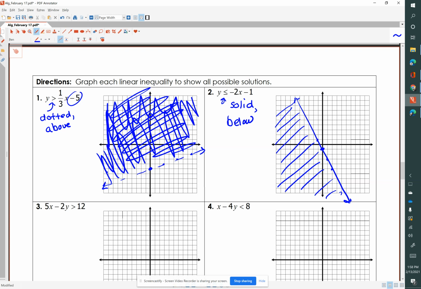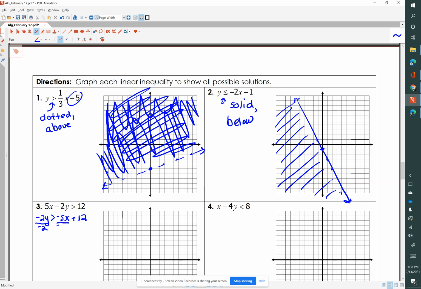We need to convert this to slope-intercept form. So first thing I'll do is move 5x over, so I'll have negative 2y is greater than negative 5x plus 12. I will divide everything by negative 2.